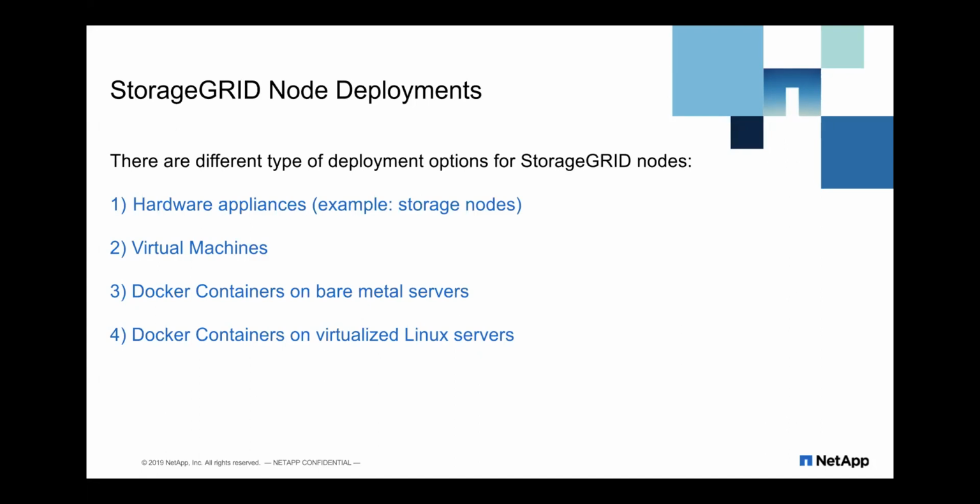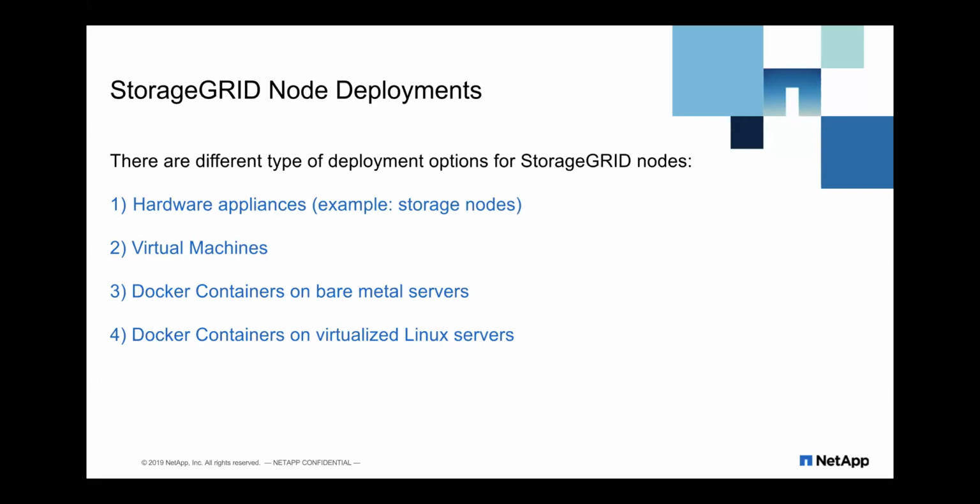Typically, admin and gateway nodes are commonly virtualized, or, which is the third and fourth option, run as Docker containers within either a bare metal server that you may have in your data center, or a virtualized Linux server that you deploy within your ESXi environment.